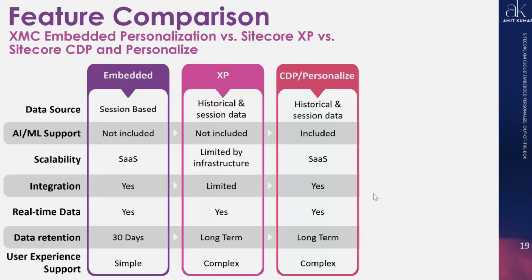And user experience is simple here because you are not writing any complex code or selecting any complex conditions to fill the data like we used to in the XP. And CDP and personalization is complex because you are getting full-fledged access to the CDP and personalize.